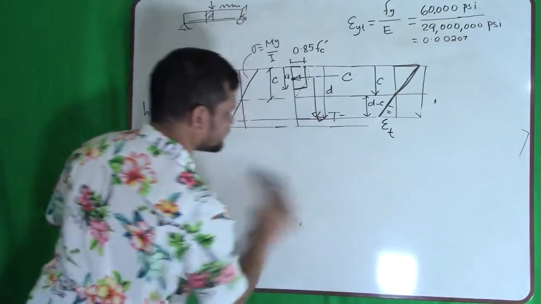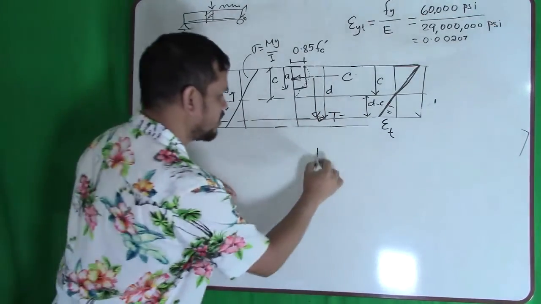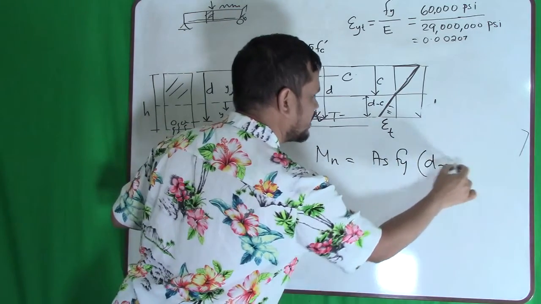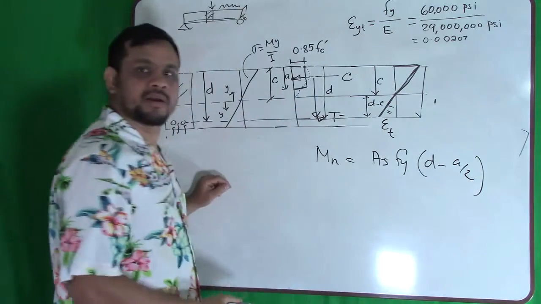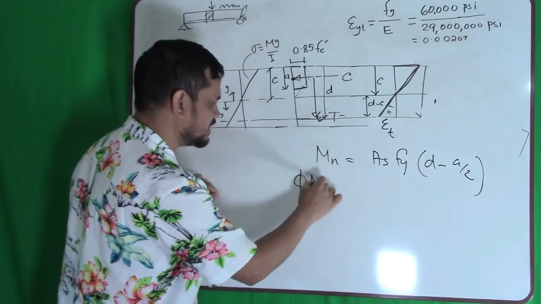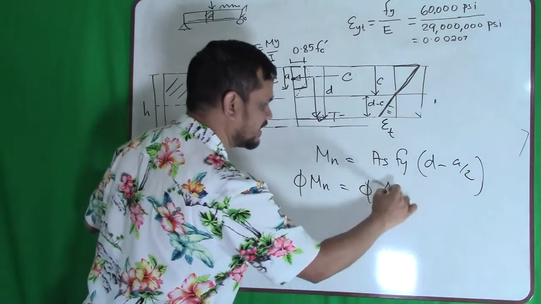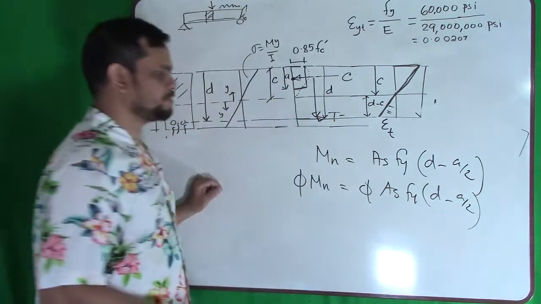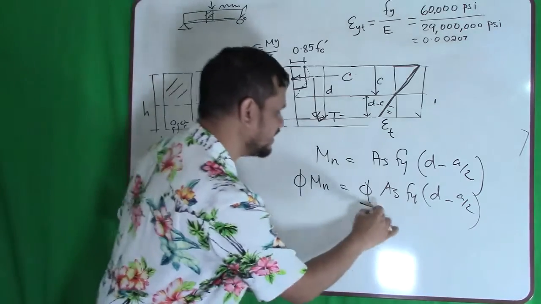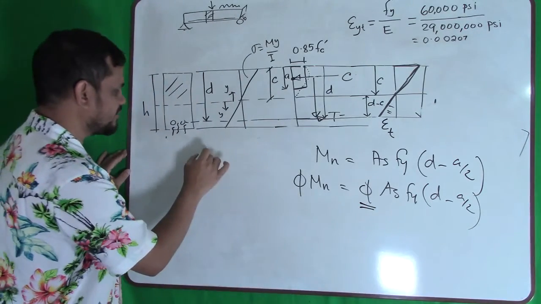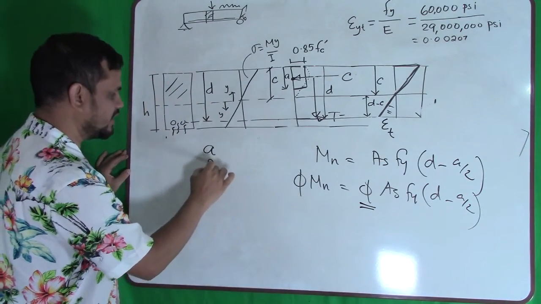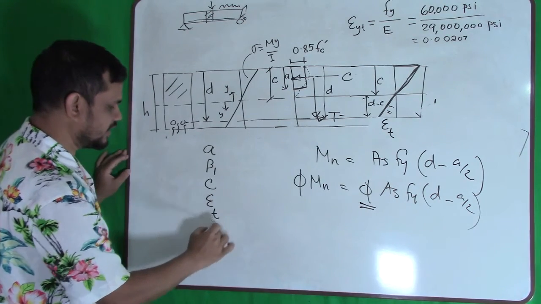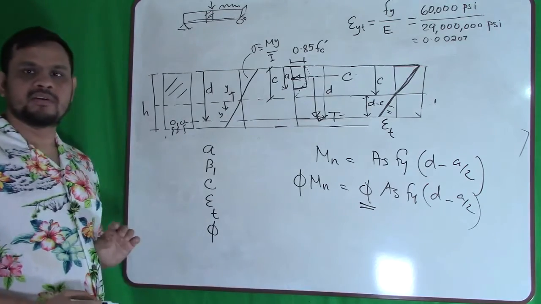If I summarize, the nominal strength is Mn = As fy (d minus a/2). If I want the design strength, I multiply by the factor phi. To find phi, you have to find a first, then beta 1, then c, then epsilon t, then you will find your phi.